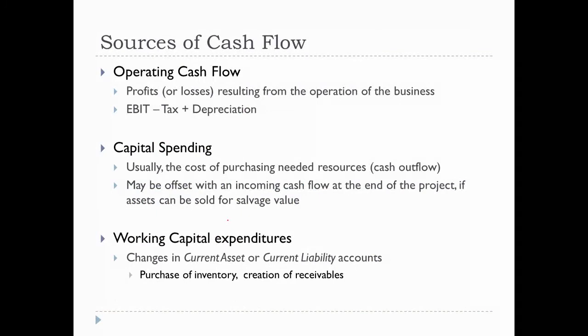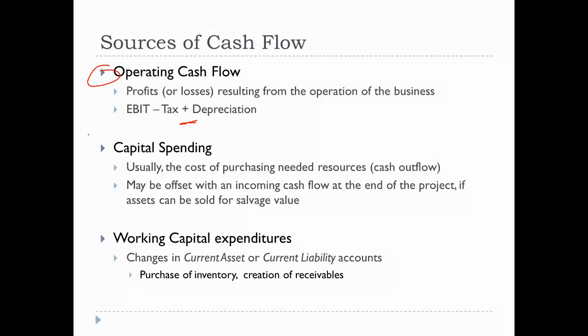This slide kind of repeats what I just said, breaking those three categories of cash flows down. Operating cash flows largely are cash flows related to the income statement, the profits that result from selling a new product, or decreases in costs that result from buying some more efficient equipment.